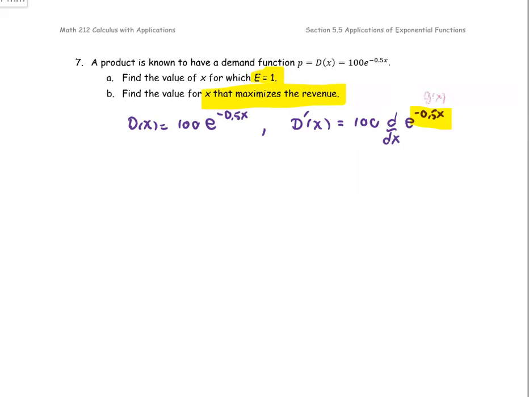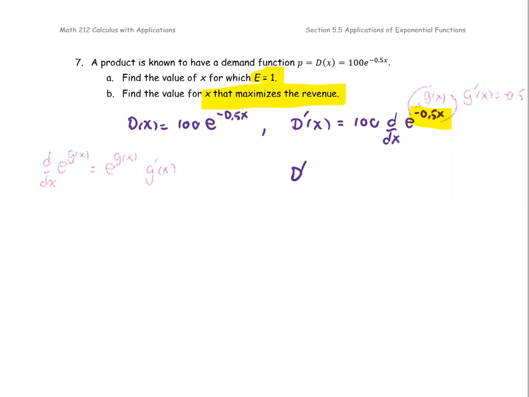The derivative of e to the power g(x) is e to the power g(x) times g prime of x. For our case, g(x) is negative 0.5x. Therefore, g prime of x is negative 0.5.